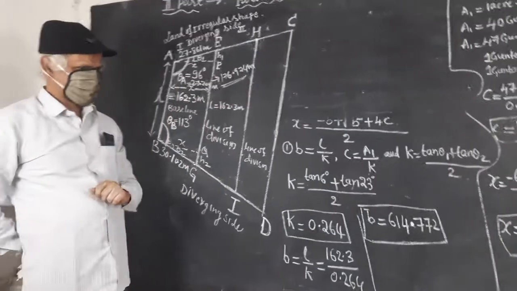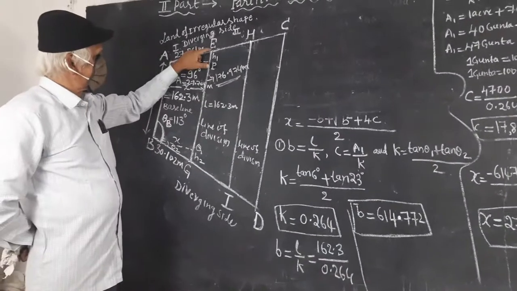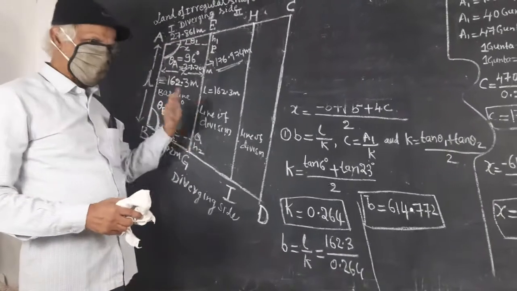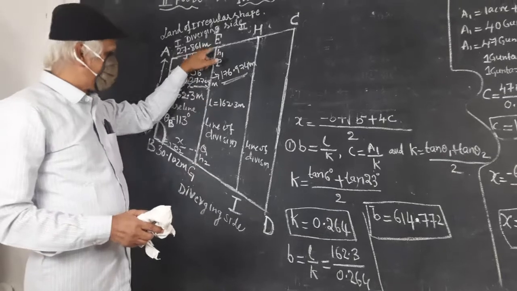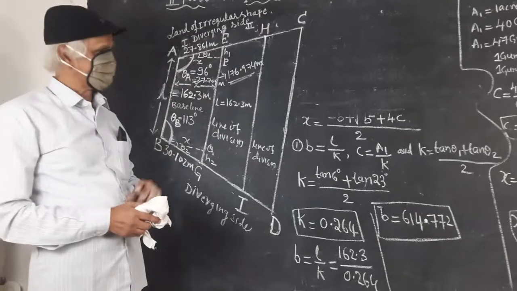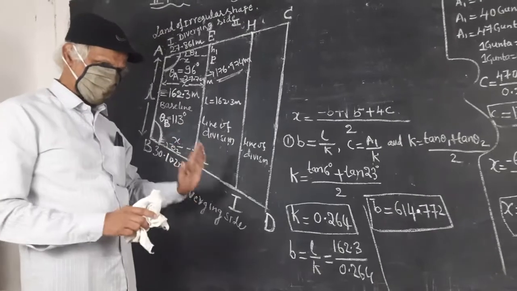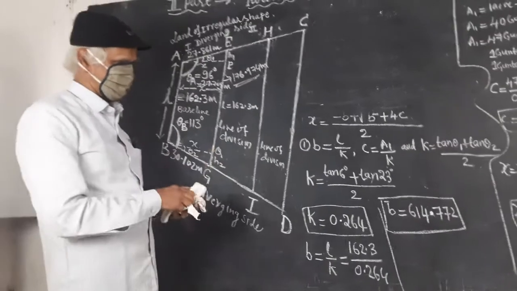For this, EG must be taken as baseline. And HI is the line of division, as already said, for the second partition.